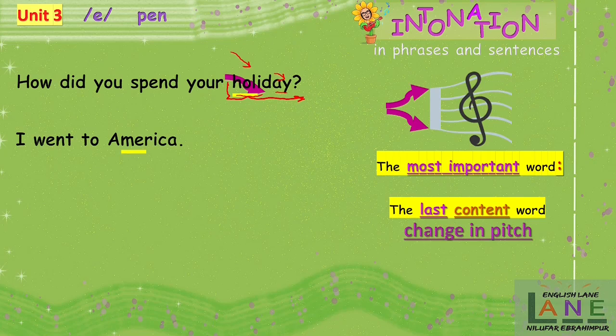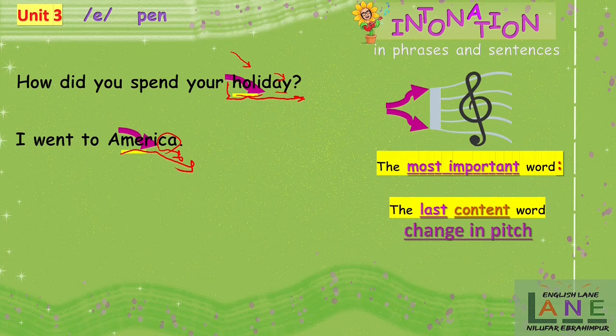So here we need to use falling or rising intonation? Yes. The falling intonation starts on this stressed syllable and it continues to the end of the word. So when it's falling, we continue the falling intonation on this syllable. America. Falling, falling, falling. I went to America.